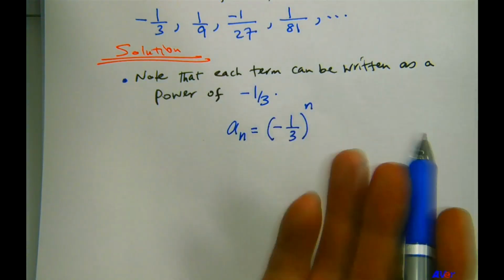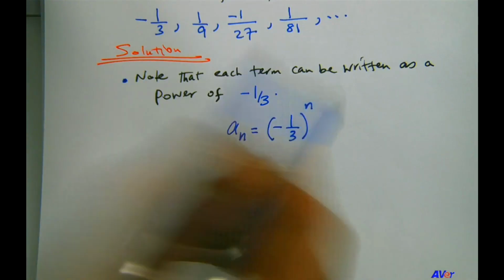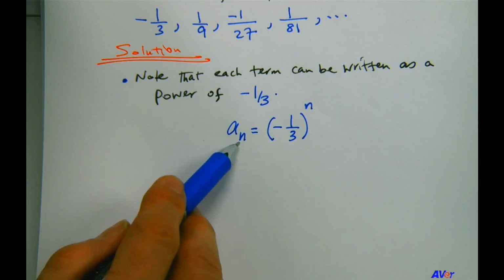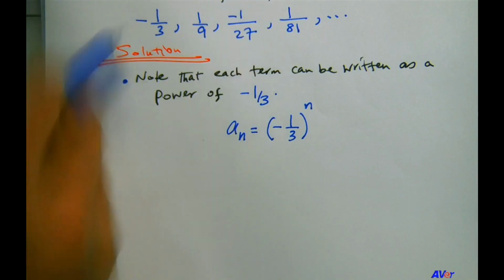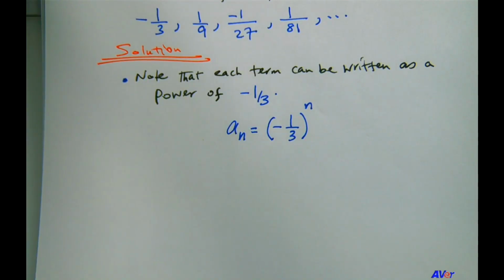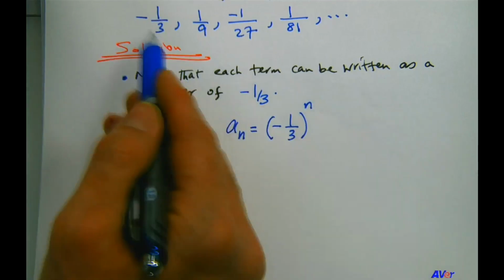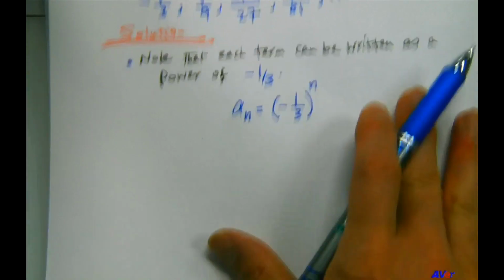So now we need to test this. For n equals 1, which would be the first number in the sequence, do we get minus 1/3? Absolutely. Minus 1/3 to the first power, you get minus 1/3. So that checks out. Okay, so let's test.